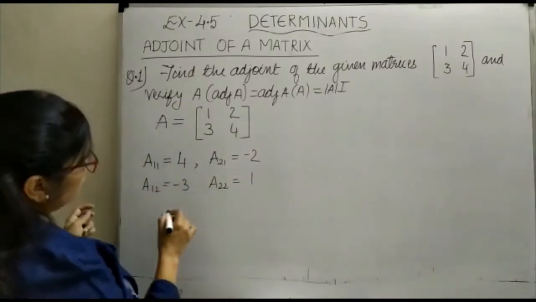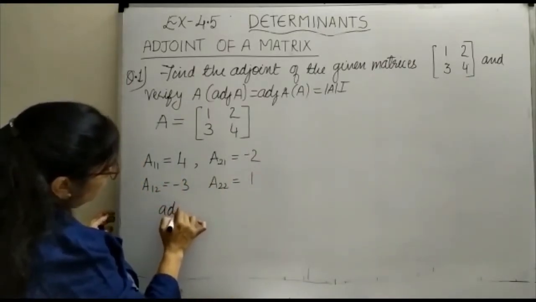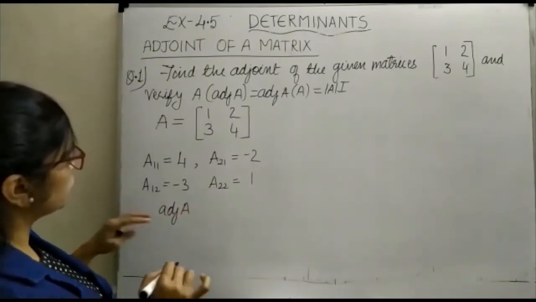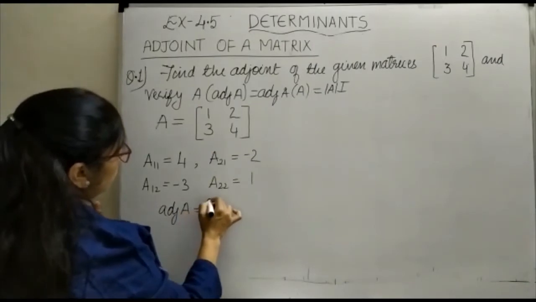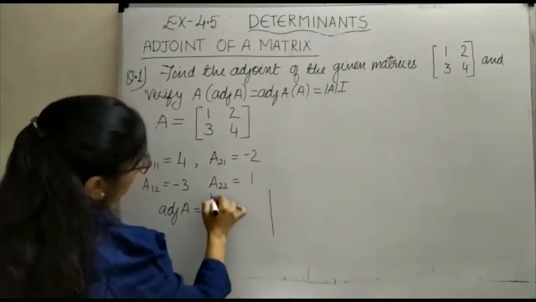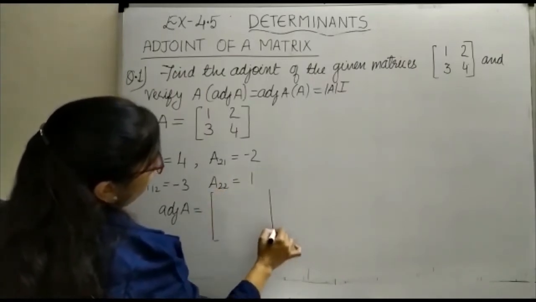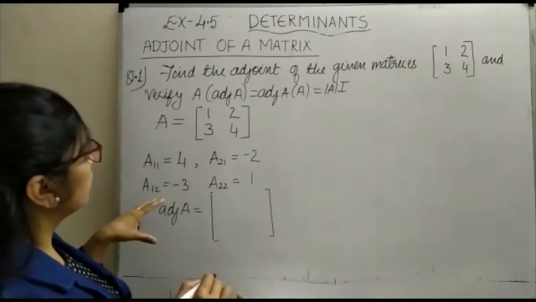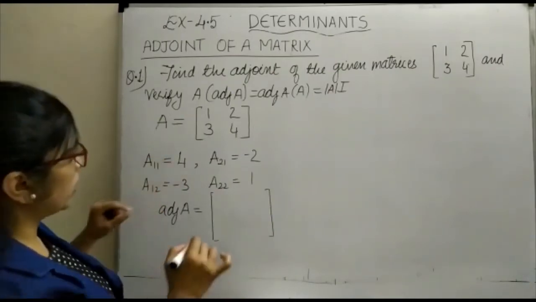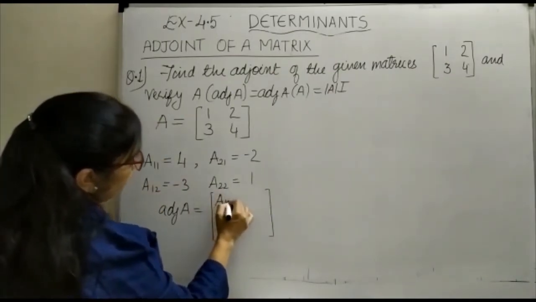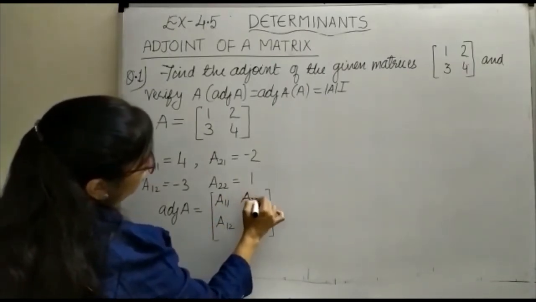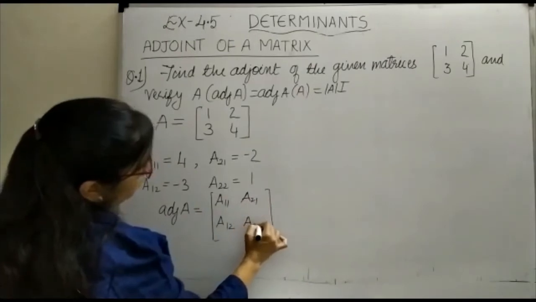This is A. Now your adjoint A. Adjoint of any matrix is denoted by adjoint A. This is equal to, you can see that, we are going to take the transpose. Now just see here, when you take the transpose, you get A11, A12, A21 and A22.